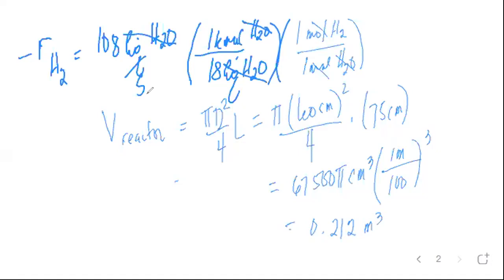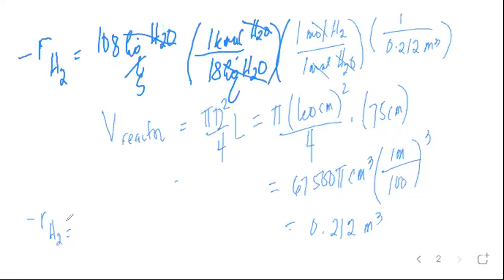So you have already this. This one will need to be divided by this volume here to make it the rate of consumption of hydrogen. So in this case, we need to divide by 0.212 cubic meter. Yes, that is the rate of consumption of hydrogen, or the rate of disappearance of hydrogen.